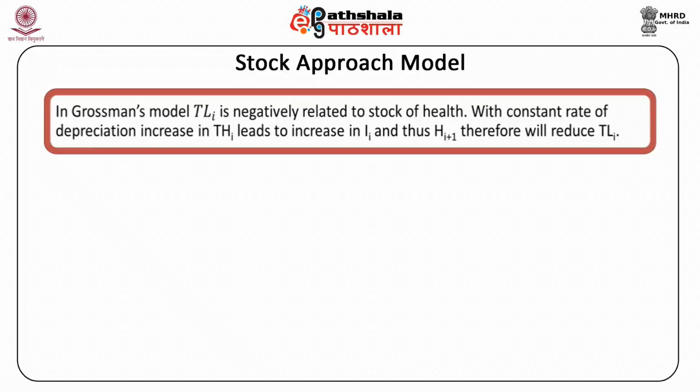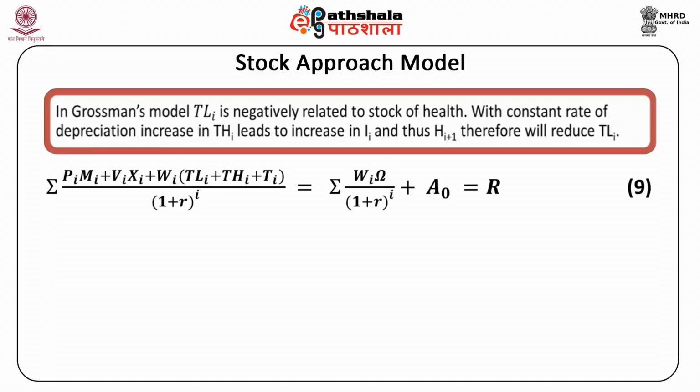Substituting 7 in 6, we get the full wealth constraint as summation Pi Mi plus Vi Xi plus Wi (TLi plus THi plus Ti) upon (1 plus R) raised to the power i is equal to summation Wi into omega upon (1 plus R) raised to the power i plus A0, equation 9.